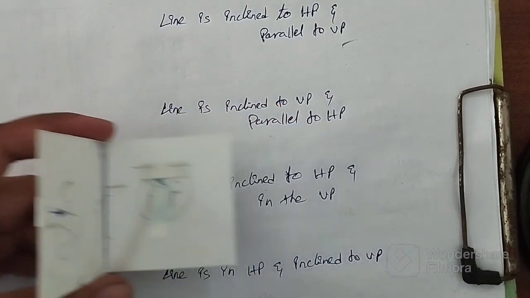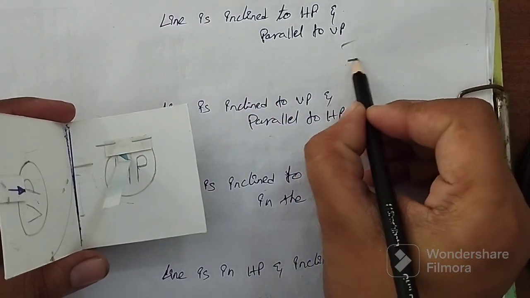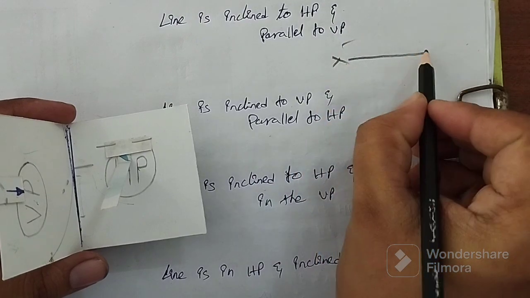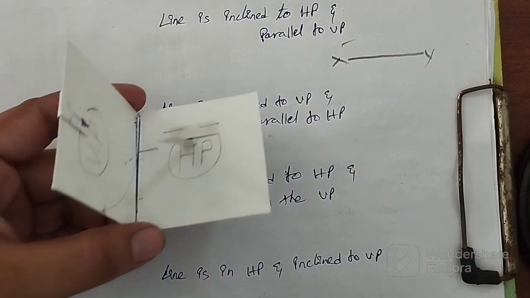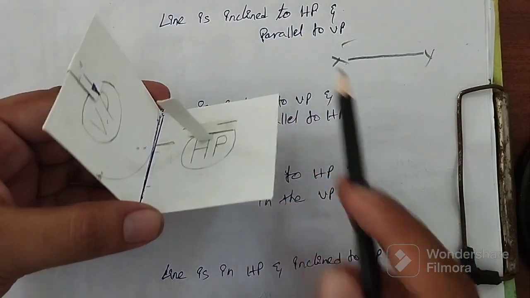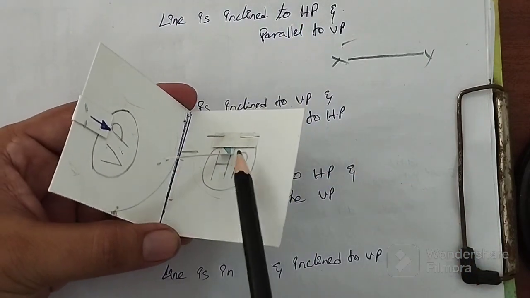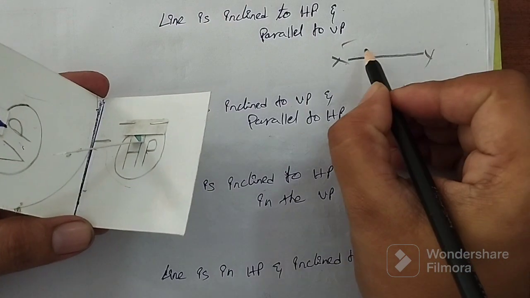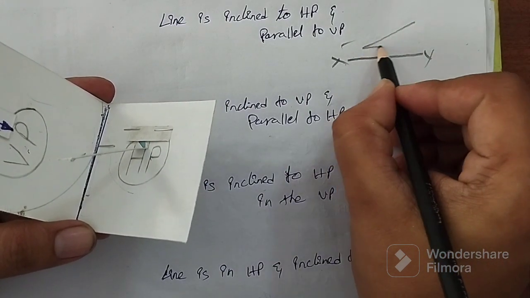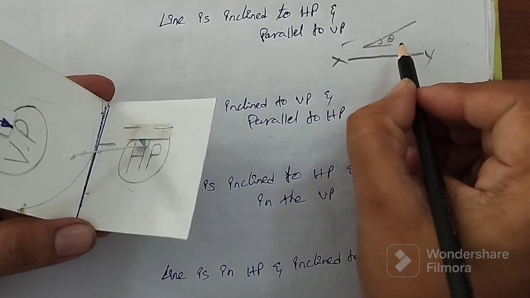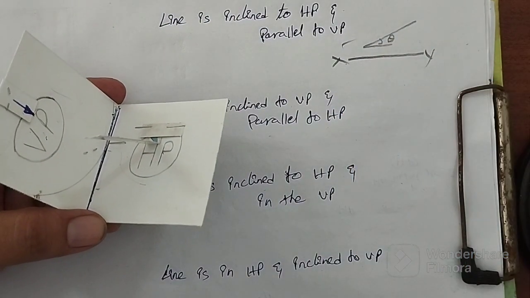So for this, if this is my XY, as you know, this is inclined to HP. So this is my HP, and it is inclined to HP at an angle theta.